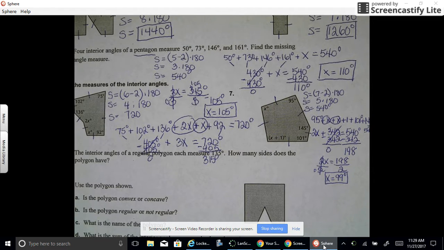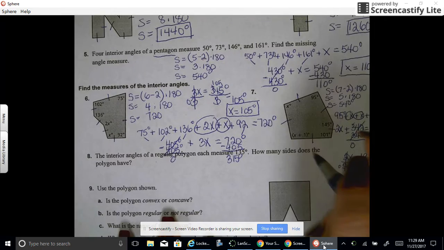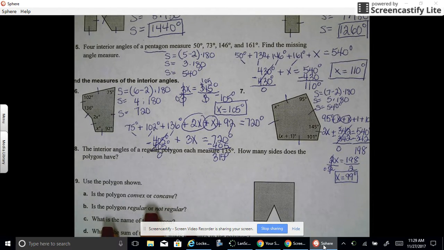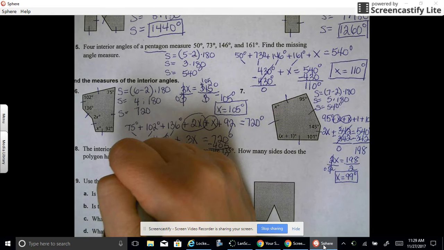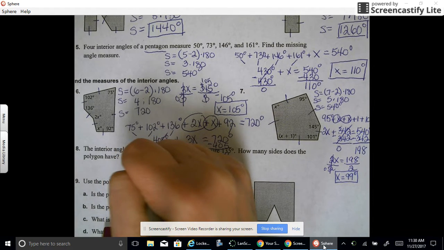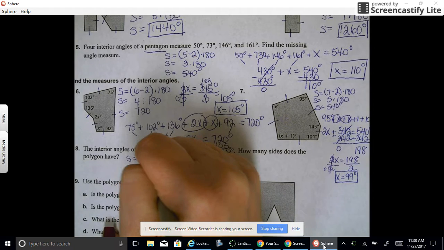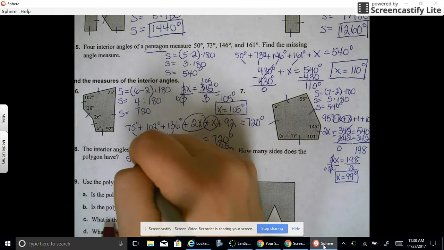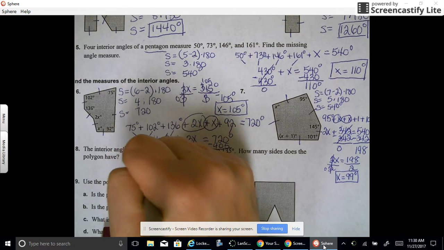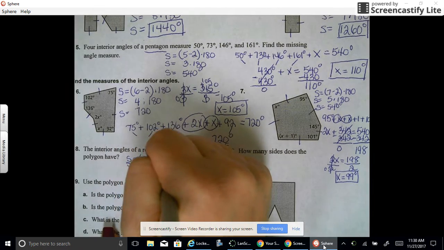So let's take an 8-sided polygon. What would that be, a stop sign? Yeah. And see if it works out. So let's do the calculation. For our stop sign, the sum equals 8 minus 2 times 180, which would give me the sum equals 6 times 180.